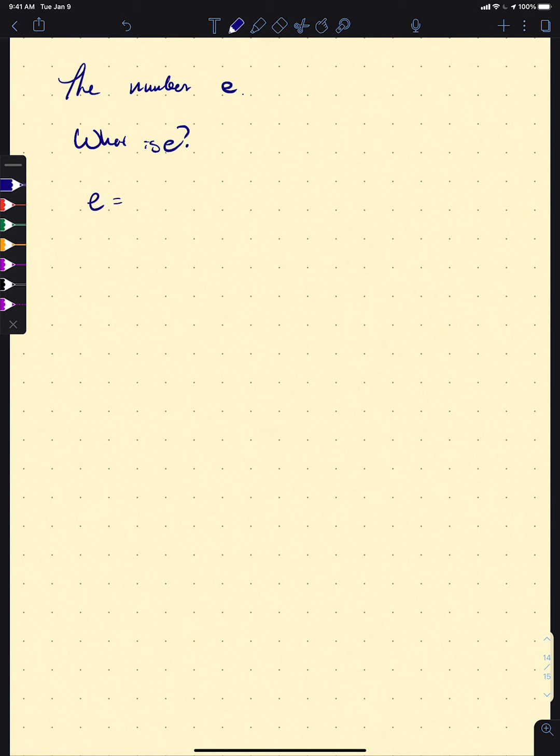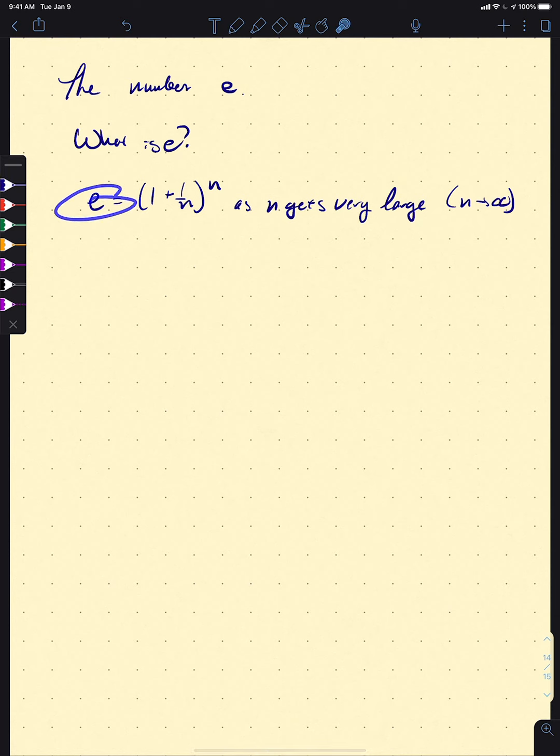We're going to say that e is equal to 1 plus 1 over n to the n as n gets very large. In calculus, you will firm up what it means for something like this to equal this expression as n gets very large.